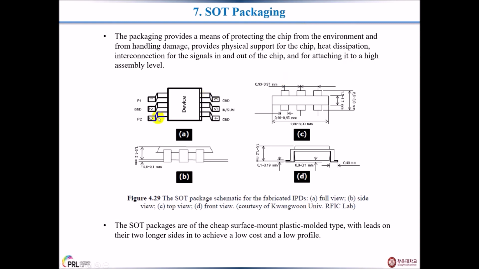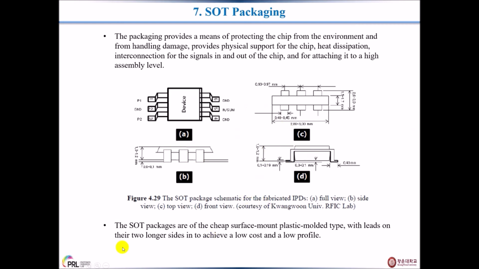This one is the oblique view or full view, this one is the side view, section C is the top view, and D is the front view. So through this we can visualize the structure.